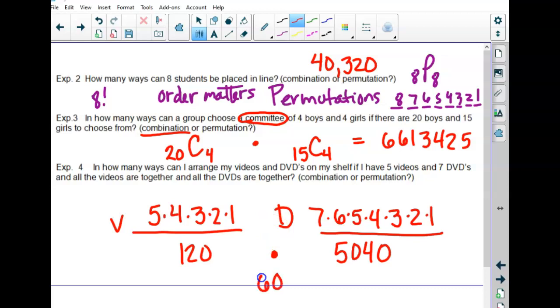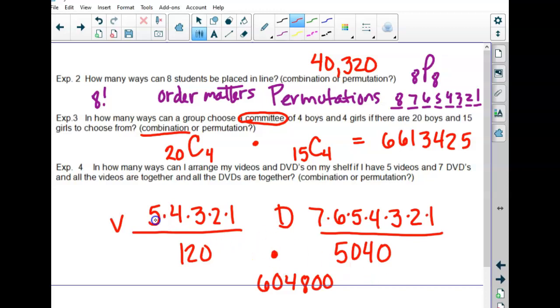But there's one more. Yes, go ahead. Oh, no, you're good. 604,800. Someone else get that? Okay. I think that's not the final answer, though. Does anybody know why? I think it's twice that. Does anyone know why it might be twice that?